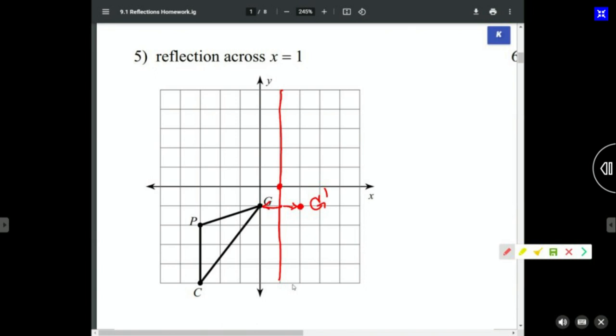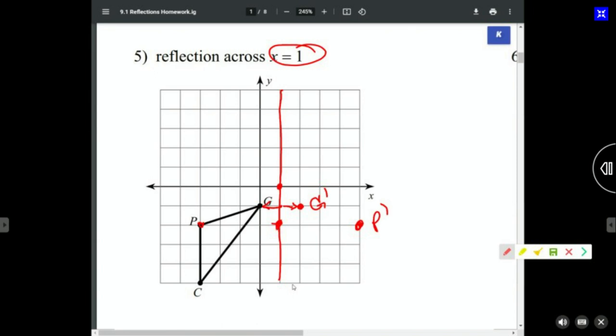All right, P. From this line, we're using this line because it was given to us. P. 1, 2, 3, 4 to the left. So P prime from this line has to go 4 to the right. P prime.